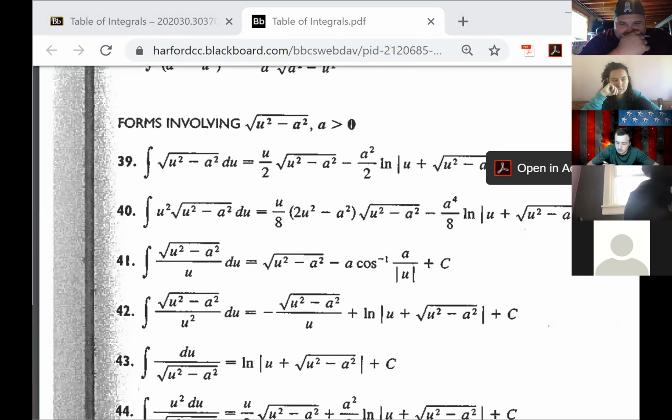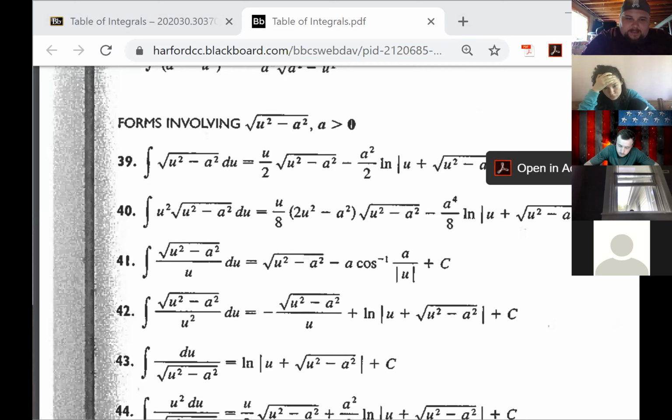So I'll go ahead and just write the solution here. We can go over that one again if you guys like next time. So let's see, it's u over 8. U is equal to e to the x.